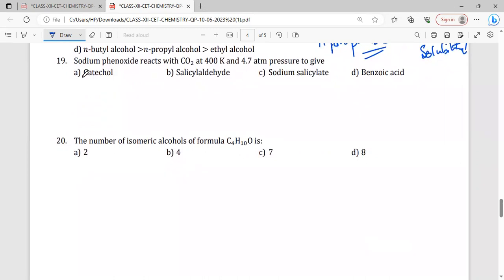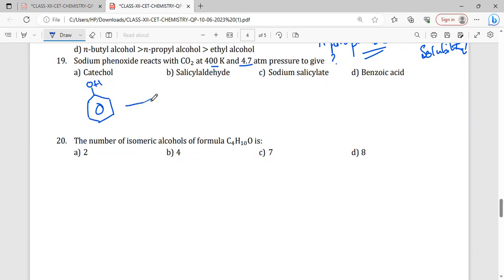Coming to question number 19. Sodium phenoxide reacts with carbon dioxide at 400 Kelvin and 4.7 pressure to give... So this particular reaction is the Kolbe reaction, isn't it?